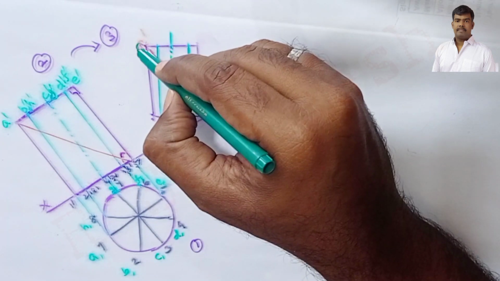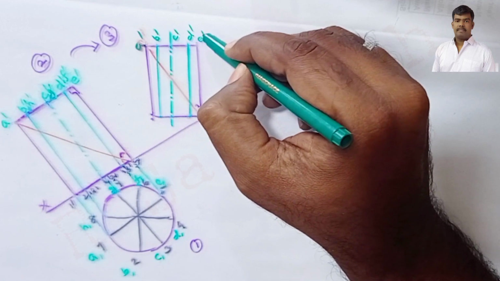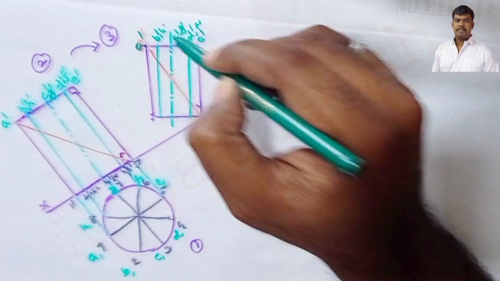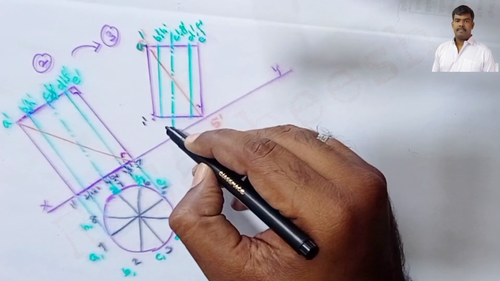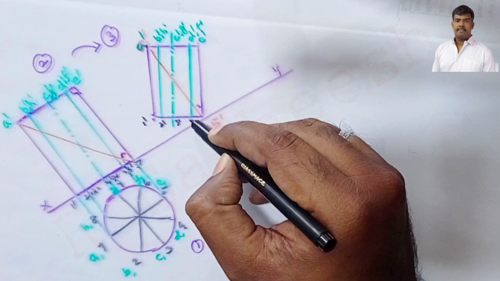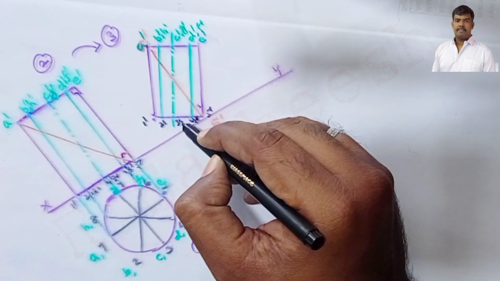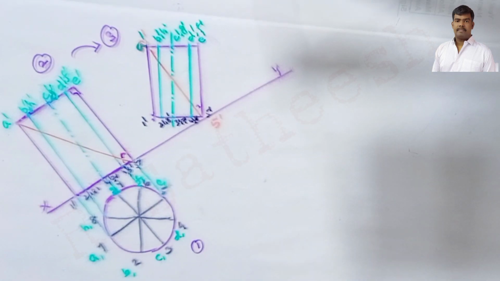So the top is A dash, B dash, C, D, E, D comma F, G and H. Clear? So the base is 1 dash, 2 dash, 3 dash, 4 dash, 5 already is. Next 6 dash, 3 comma 7 dash, 2 comma 8 dash. Clear?